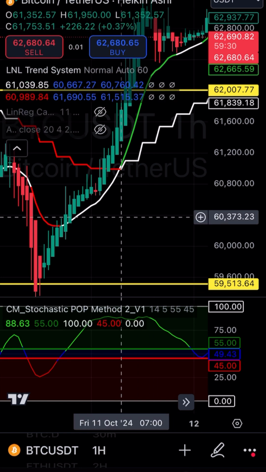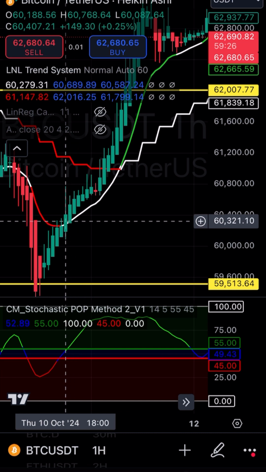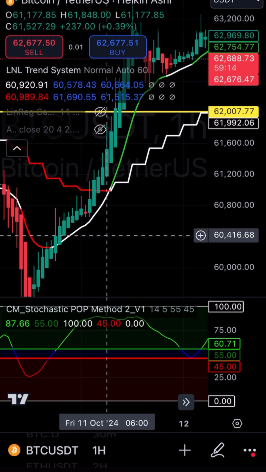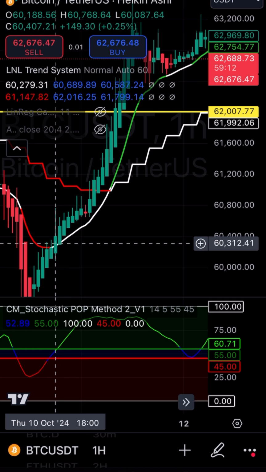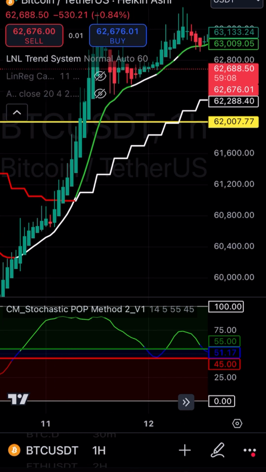But if you see the candle crossing the line like you see right here, that is an entry point. That is a good entry point. And you can also see that that's the exact moment when the CM stochastic is picking it up as well. So you could get in here when you see it crossing that line, or you can get in here when it crosses. Either way, it's still a good trade.